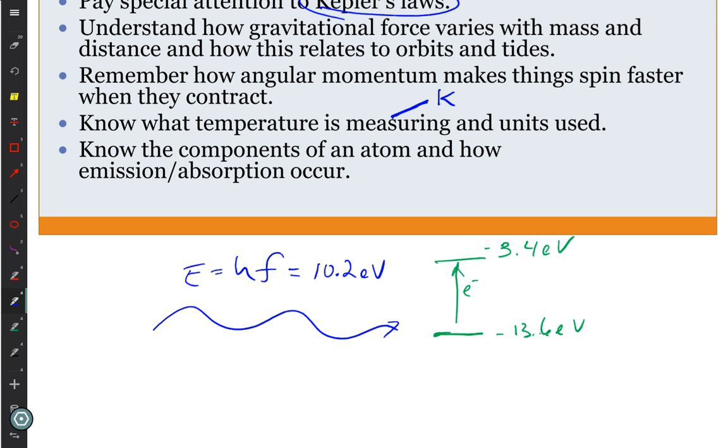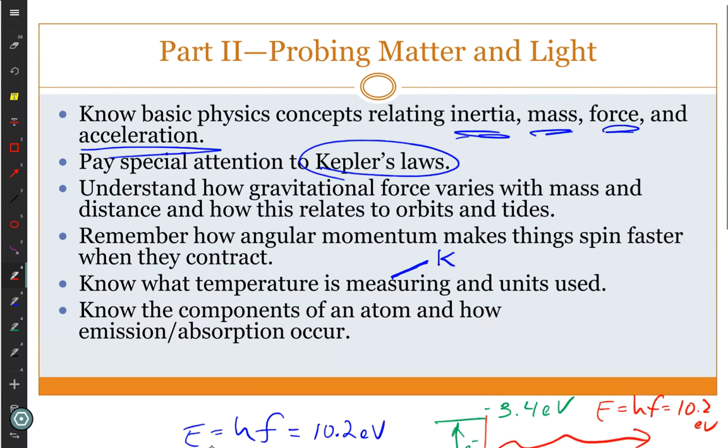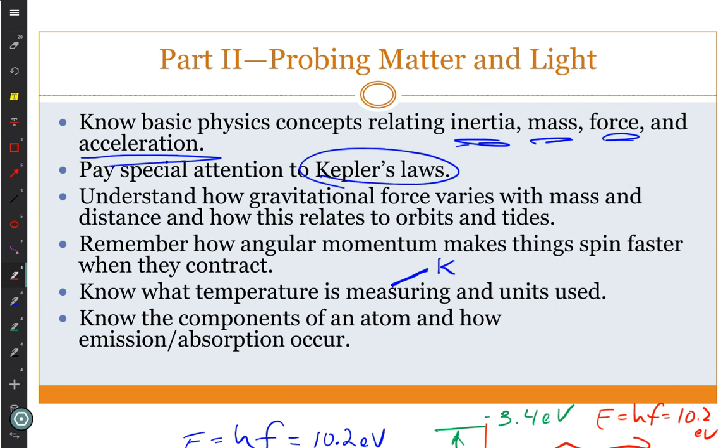Now that electron goes to the higher energy state, what's it naturally going to do? It's going to come back down all on its own and make a photon come out that has that same energy. So understanding this is important, once again, to interpreting what's going on in stars. We can measure this on Earth.